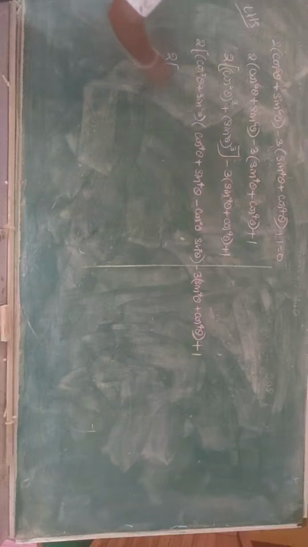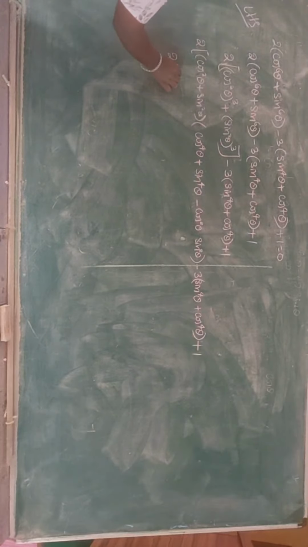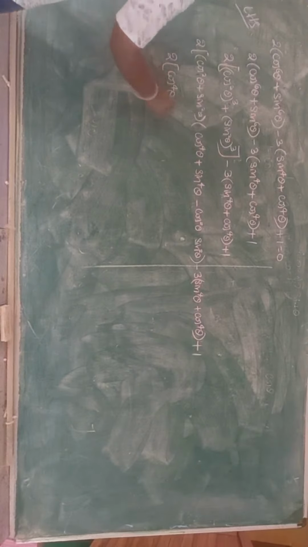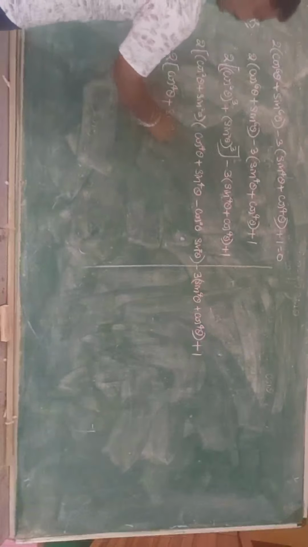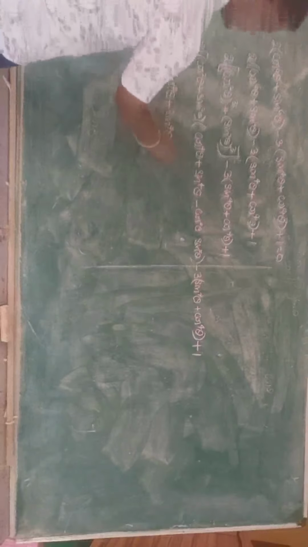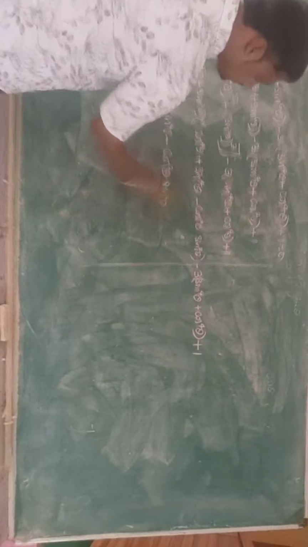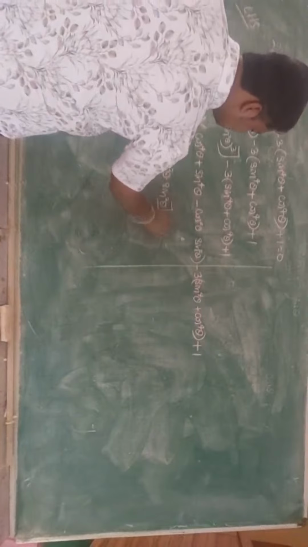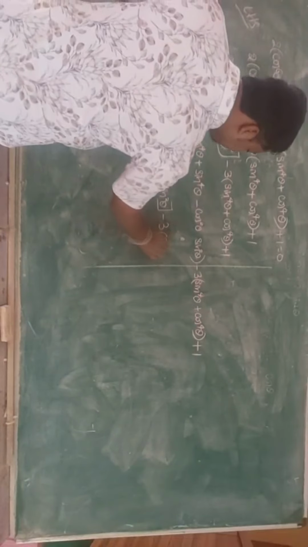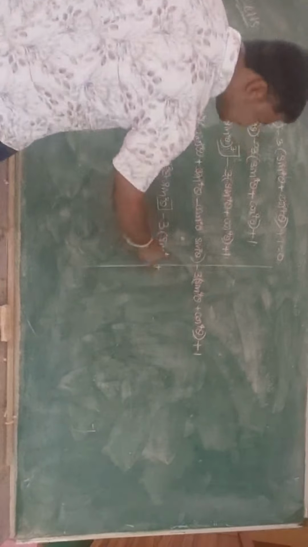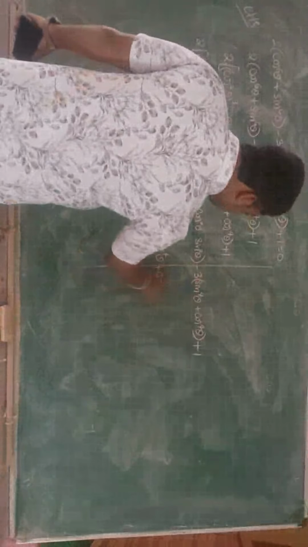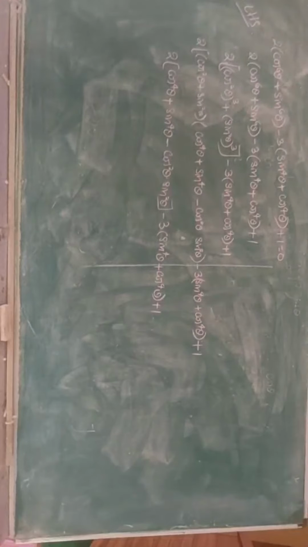So the remaining terms, cos to the power 4 theta plus sin to the power 4 theta minus cos square theta into sin square theta, bracket complete, minus 3 sin to the power 4 theta plus cos to the power 4 theta plus 1. Am I right? Yes. Now what I will do?